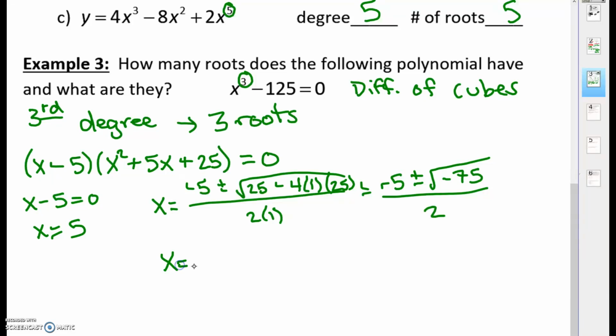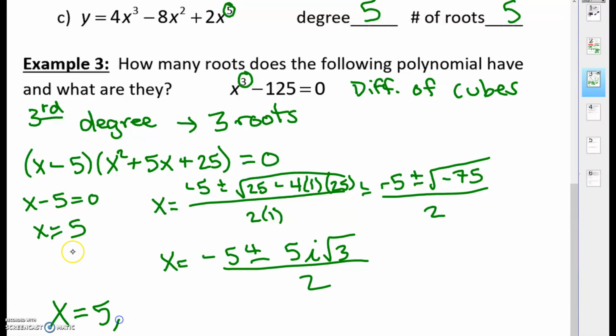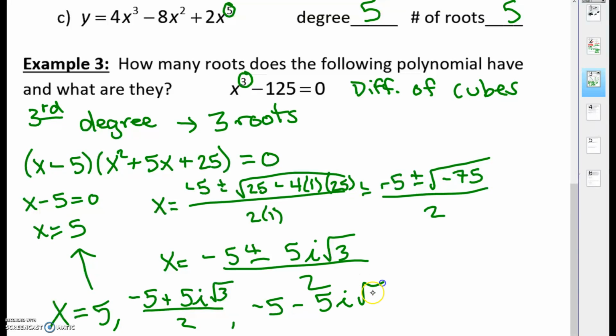Well, that means x equals negative 5 plus or minus, and 75 is 25 times 3, so I get 5i root 3, all over 2. So my solutions are x equals 5 from right here, and then x equals negative 5 plus 5i root 3 over 2, and negative 5 minus 5i root 3 over 2. So as predicted, we produced 3 solutions.